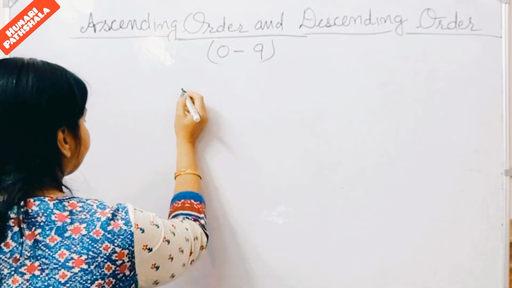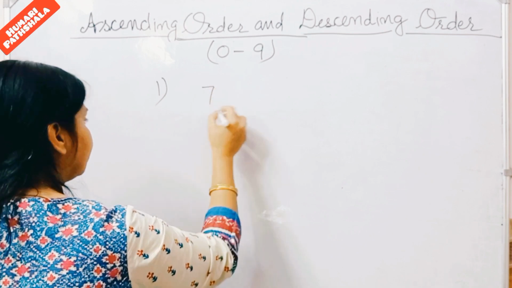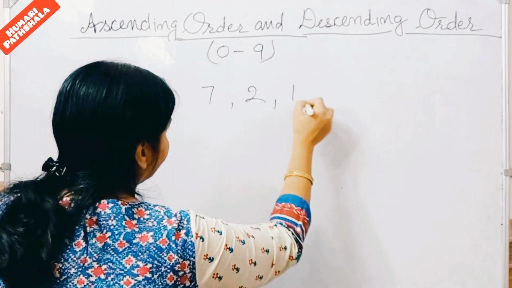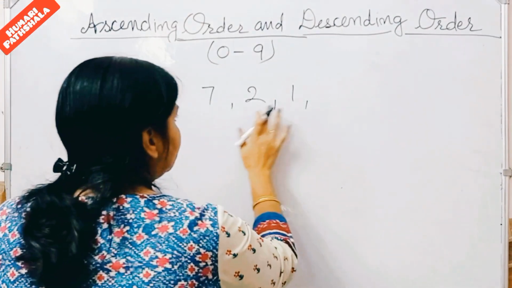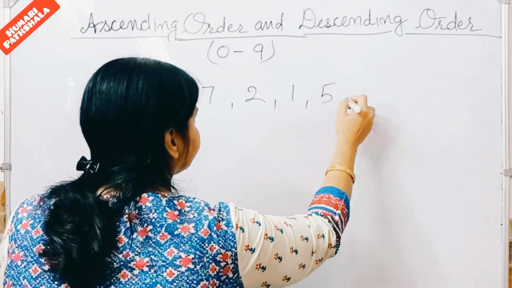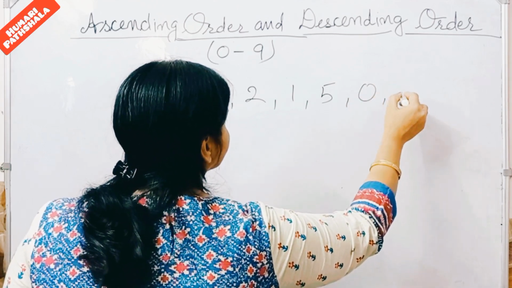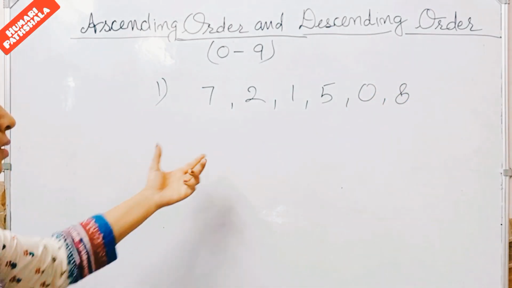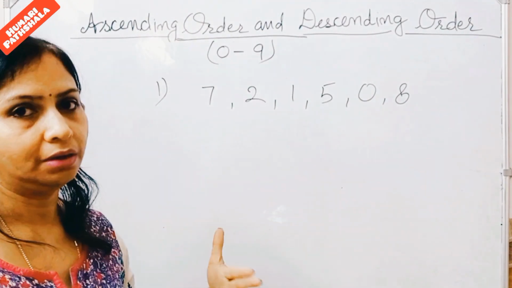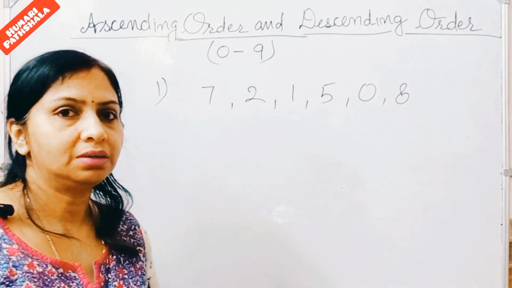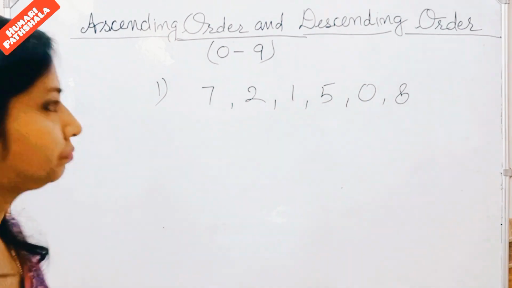So the group is like this: 7, 2, 1, 5, 0, 8. Because it is from 0 to 9, it is a little bit easy. We have to arrange these numbers in descending order, so the keyword will be bigger to smaller.